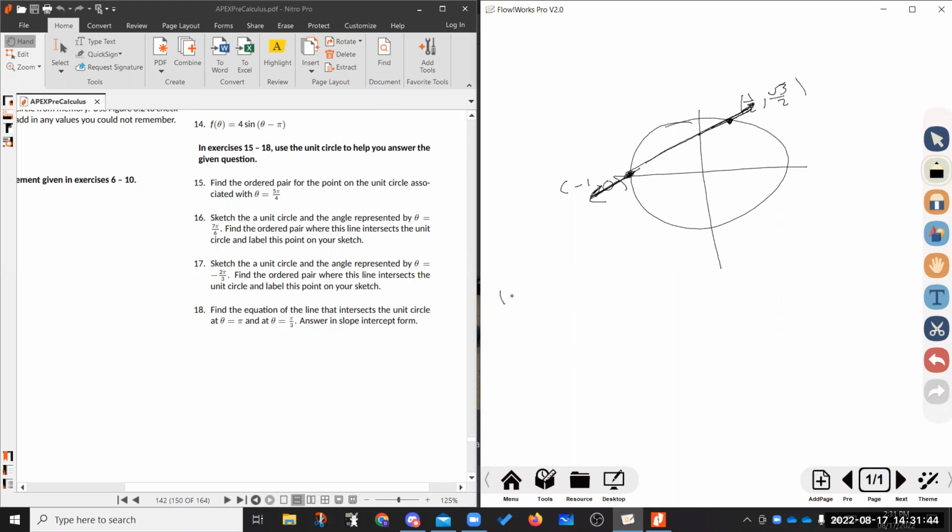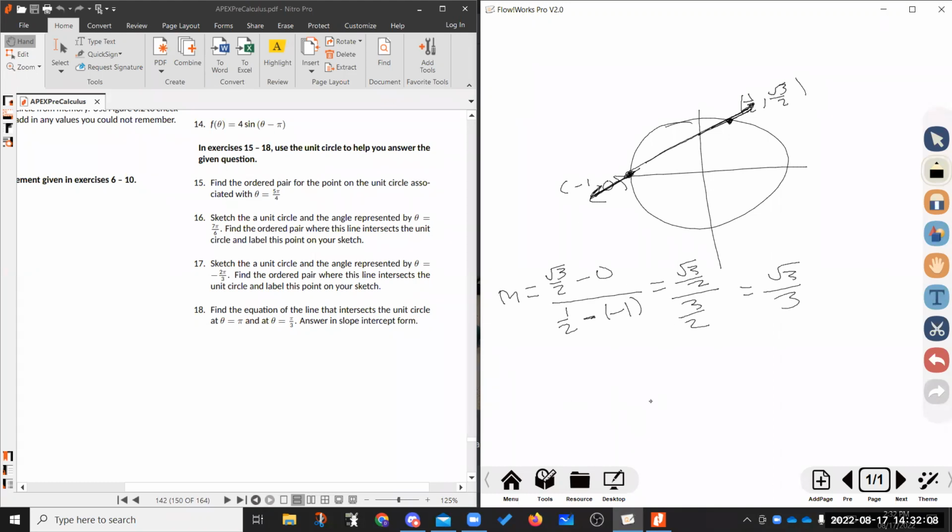So our slope is going to be y2 minus y1 over x2 minus x1, which is root 3 over 2 over 3/2, which is root 3 over 3. So then I'm going to take this point, negative 1, 0.